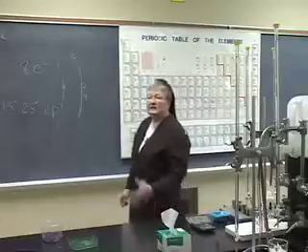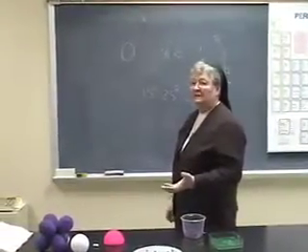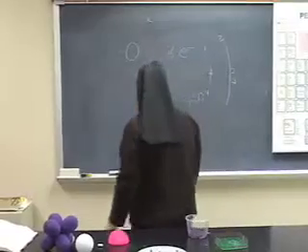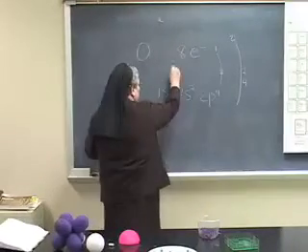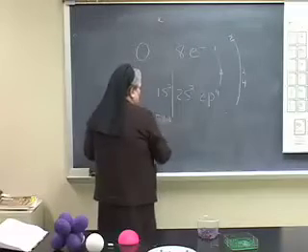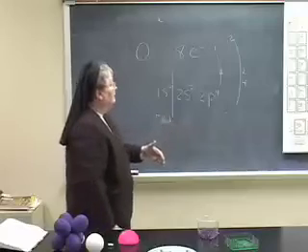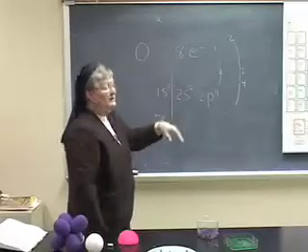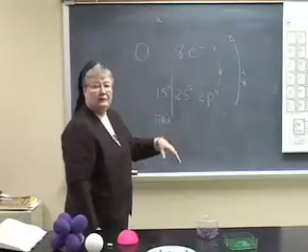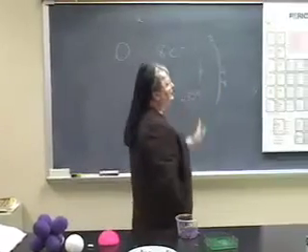So the periodic chart will allow you to write the correct electron configuration. Now, I would like for you to know that when you reach the end of the first row, that's filled 1s. When you reach the end of the second row, that's filled 2, second shell. But you notice oxygen doesn't reach the end.